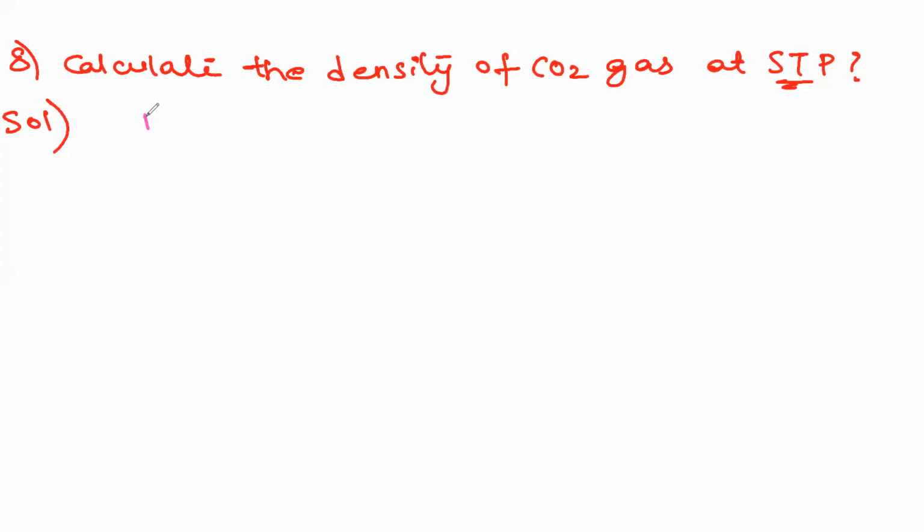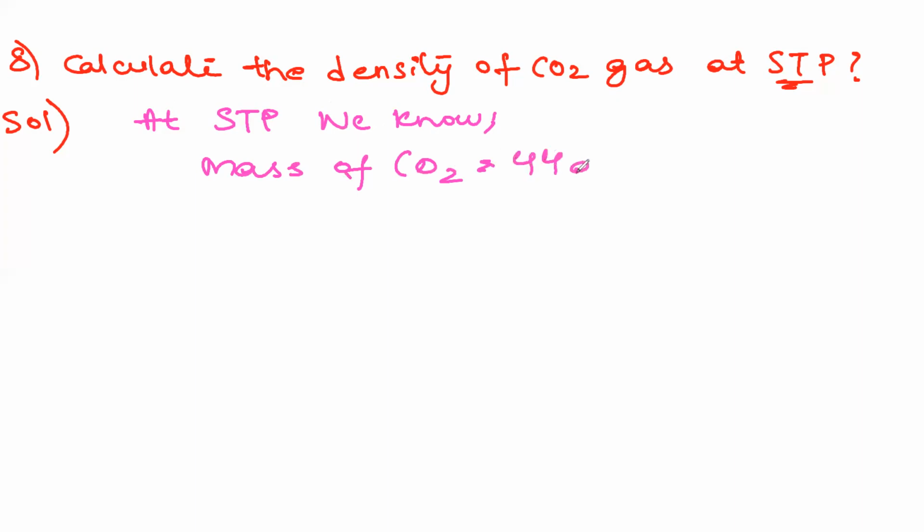At STP, we know the mass of carbon dioxide gas is 44 grams, and it occupies 22.4 liters. Volume is equal to 22.4 liters.